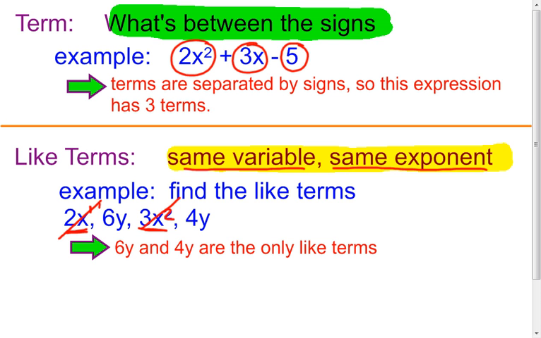Where if I look at the 6y and the 4y, they each have a y in them, and they're both to the first power. So those would be like terms. When you add and subtract like terms, the only thing you add and subtract are what are called the coefficients, or the numbers that are out in front. So I would add 6y and 4y to make 10y, not 10y squared, but 4y plus 6y makes 10y. The only numbers I'm adding are this and this. Okay?